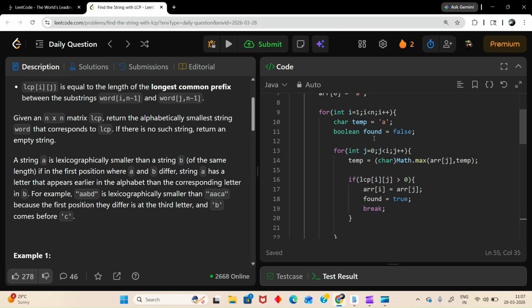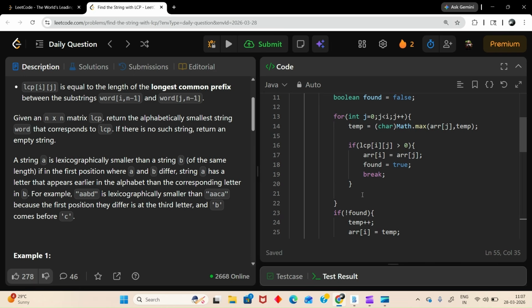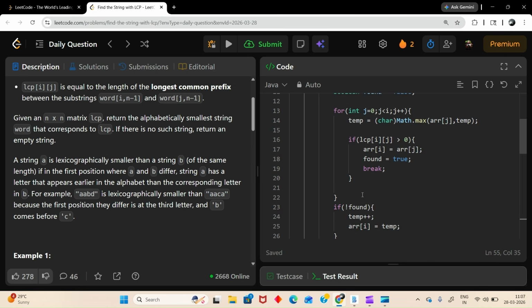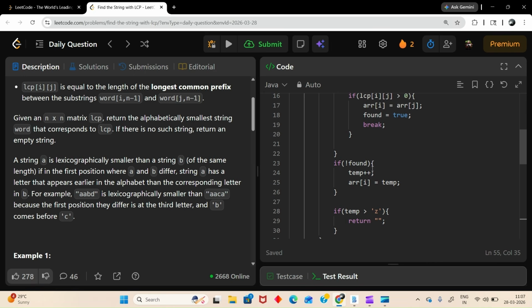So here we are traversing, we are taking the temp. Isn't it the same thing? Okay, we'll take it common.